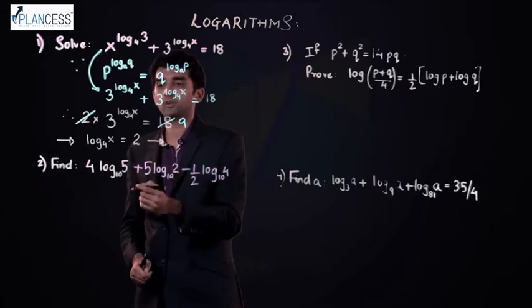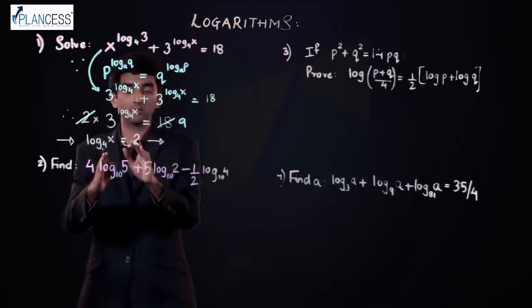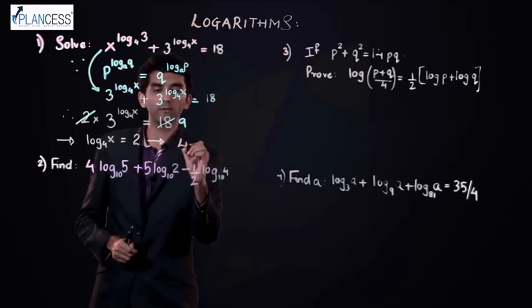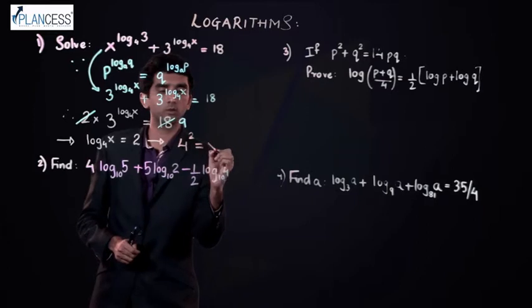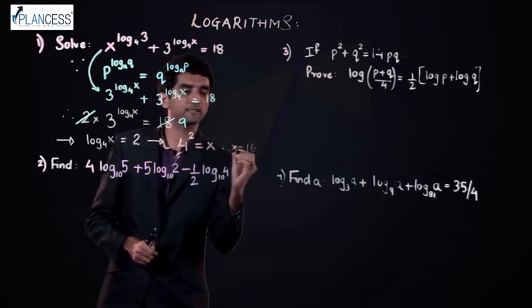Here the question would be 4 raised to 2 is equal to x, because if we convert this to its corresponding exponential format, it is going to be 4 square is equal to x, and that is why the value of x is going to be 16.